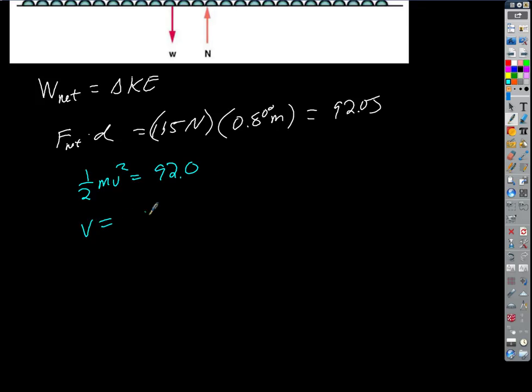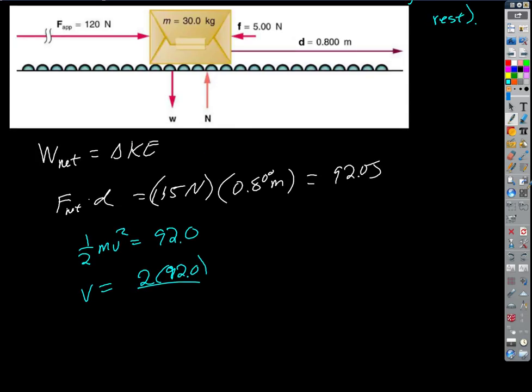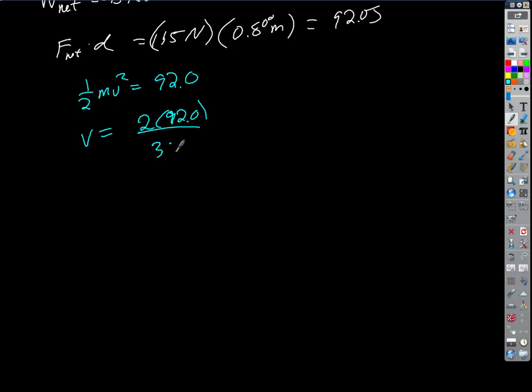So speed equals the square root of 2 times 92.0 divided by a mass of 30.0. And what's that give us? Don't you need the square root? Oh yeah, square root. And that's about 2.48. Is that what you got?